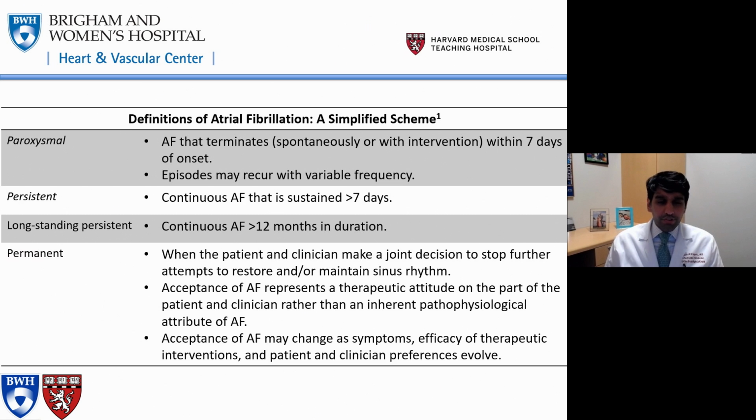Permanent atrial fibrillation is related to persistent or longstanding persistent atrial fibrillation, but is really more of an agreement among the patient and the clinician to no longer try and restore sinus rhythm. Permanent atrial fibrillation means we are willing to permit atrial fibrillation permanently as compared to, for example, longstanding persistent atrial fibrillation.